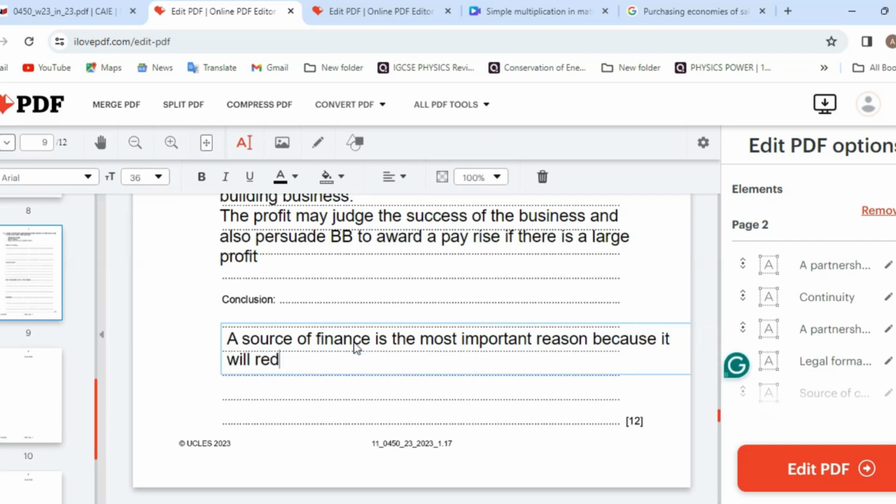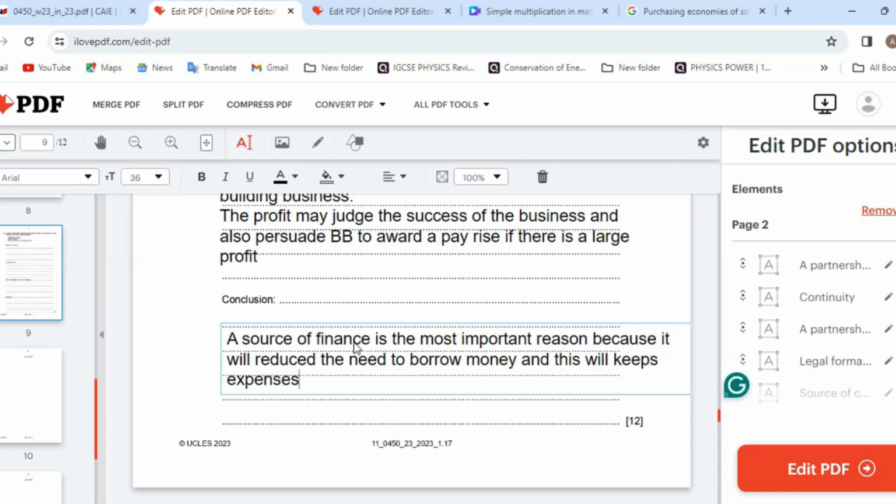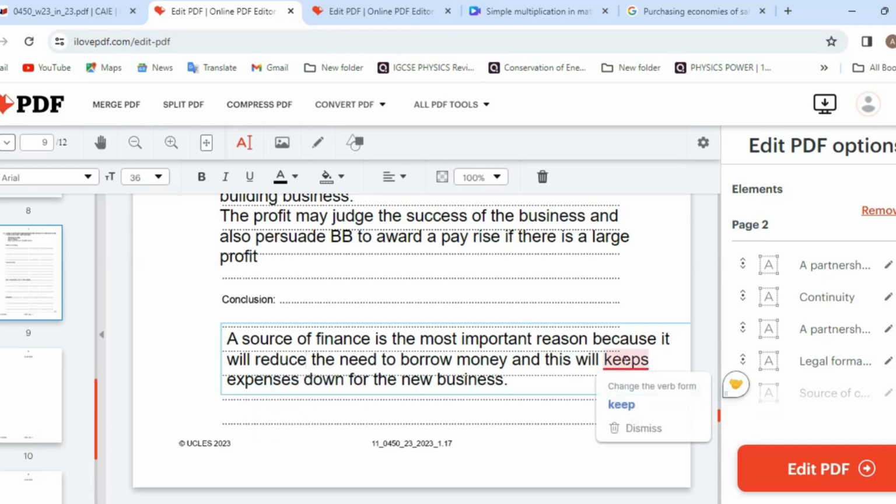It will reduce the need to borrow money, and that can actually do what? It will keep expenses down for the new business, as the profit serves as the source of finance.